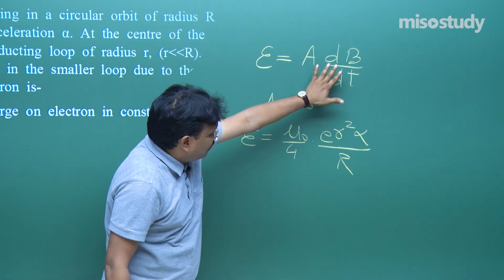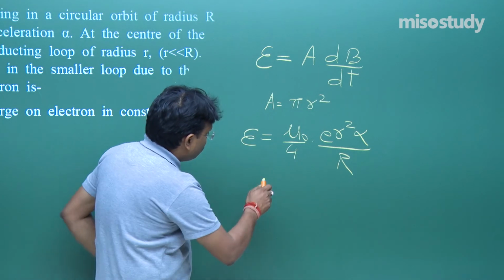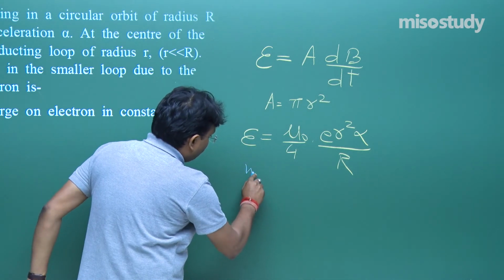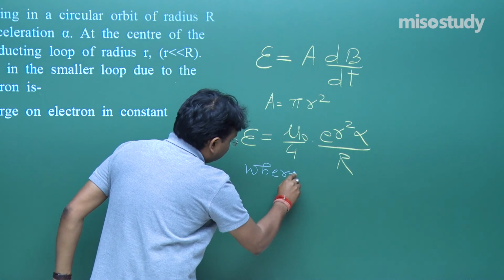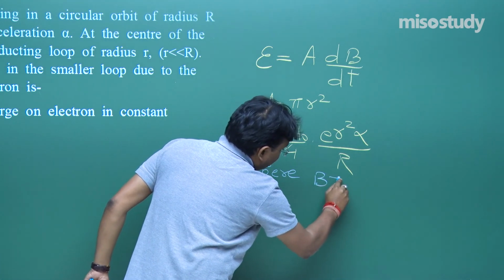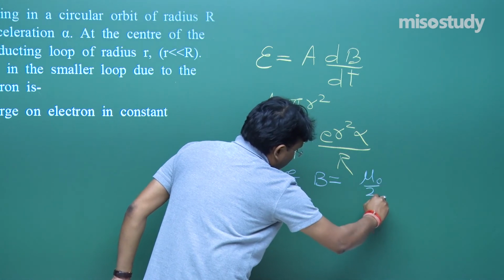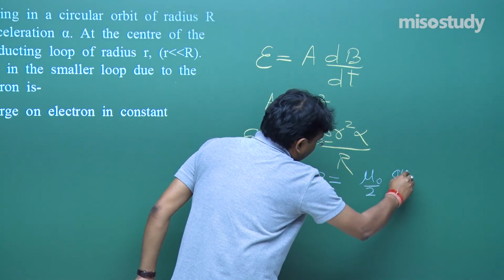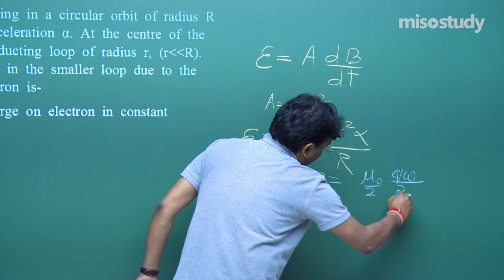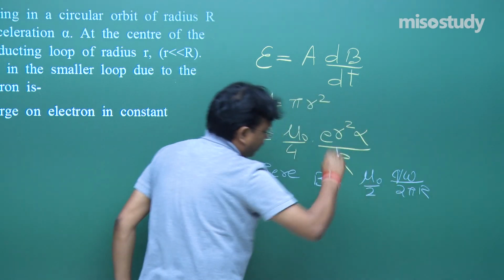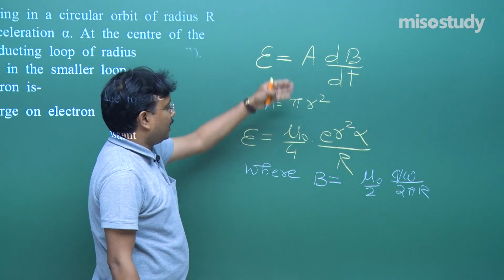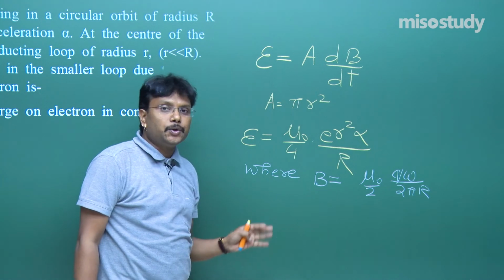I will mention the value of B. Fine. So the value where B is equal to mu naught upon 2 into q omega upon 2 pi r. I hope now the entire explanation is clear to all of you.